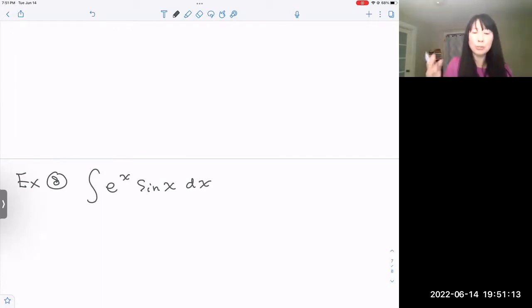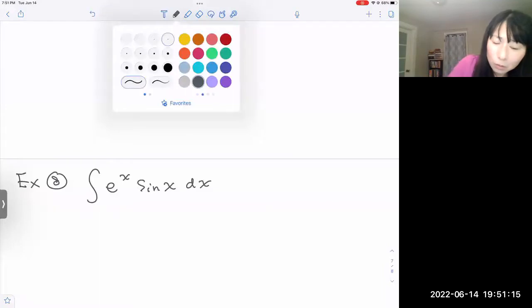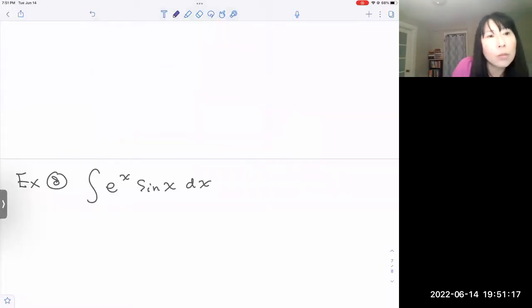Which one is u? Exponential is always last, logarithm always first. So u will be sine x, then dv will be this.